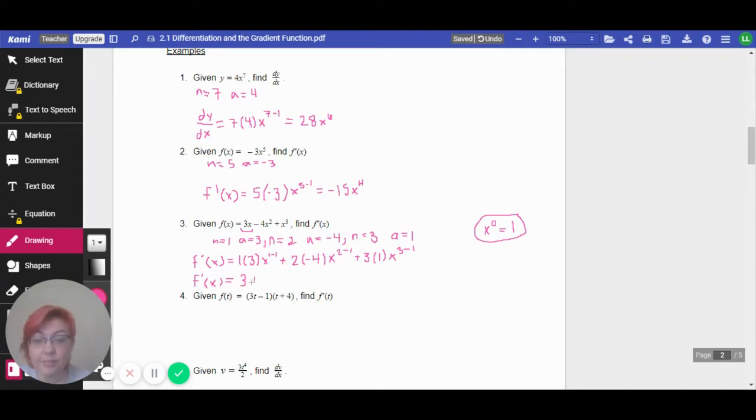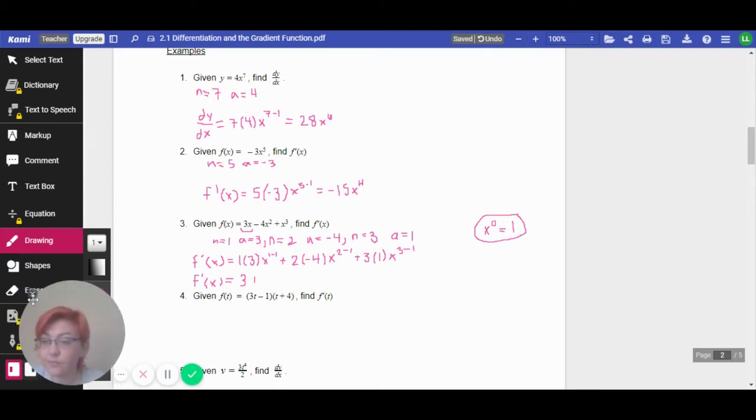I was going to write plus, but I just saw that that's 2 times negative 4. So that's actually going to be a minus, because 2 times negative 4 is negative 8. X to the 2 minus 1 is 1, so I don't need to write that.